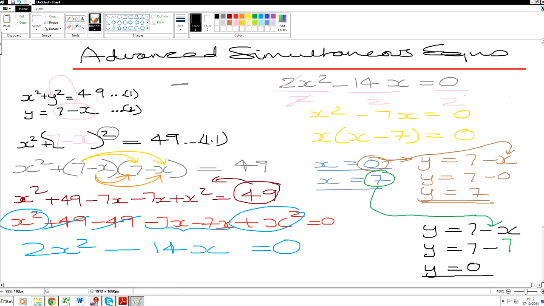So if you wanted to summarize the values, we could write: x equals 0 and y equals 7, or x equals 7 and y equals 0. So here is my solution set. In this kind of question, we need to give the examiner how many values? 4 values, because of the nature of the question.